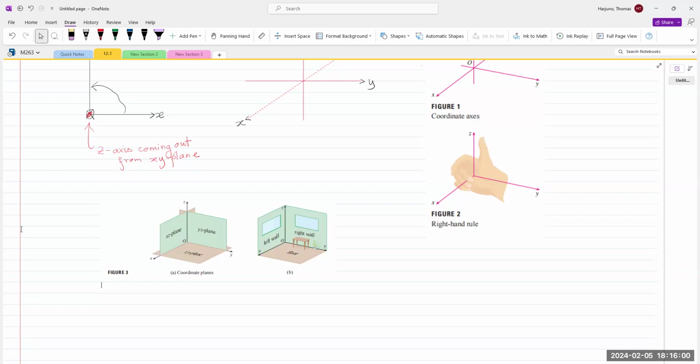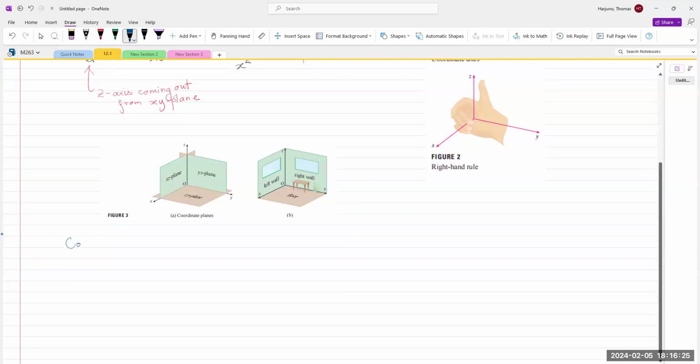Of course, in my class, I still use the formal names YZ plane, XZ plane, XY plane, right? But if you imagine your room, you can call them your left wall, right wall, and the floor.